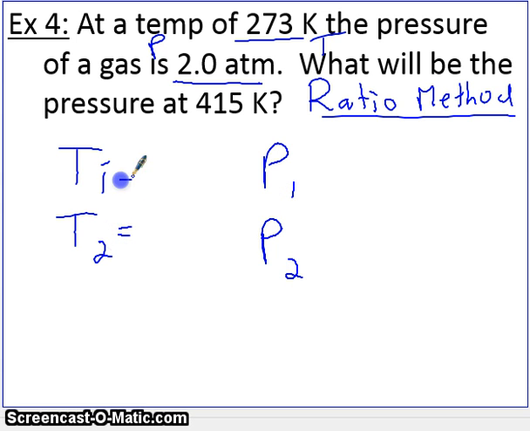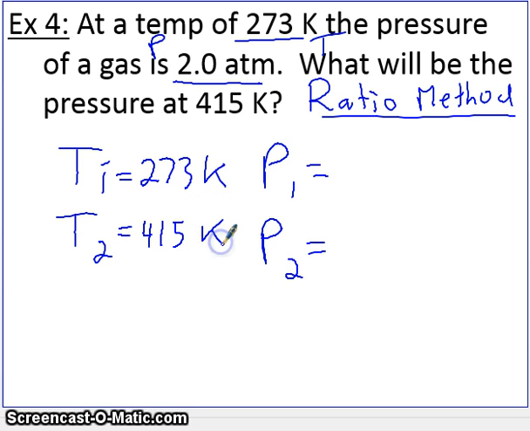Essentially we're keeping track of our data. Our first temperature is 273 Kelvin, and our second temperature is 415 Kelvin. Our first pressure is 2.0 atm. Make sure you include the units. And our second pressure is the one we want to find out. We don't know the second pressure.